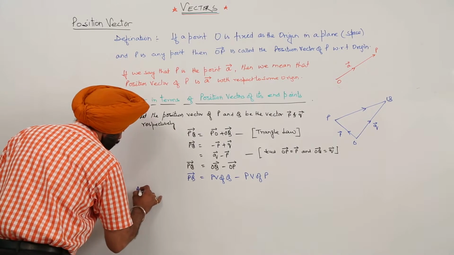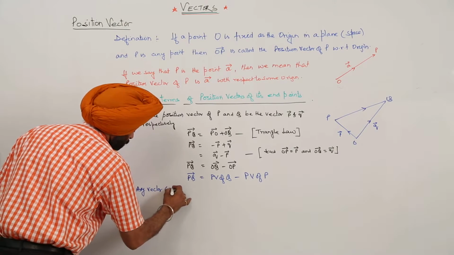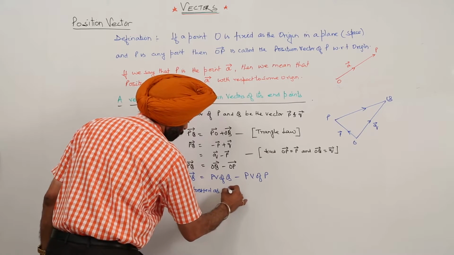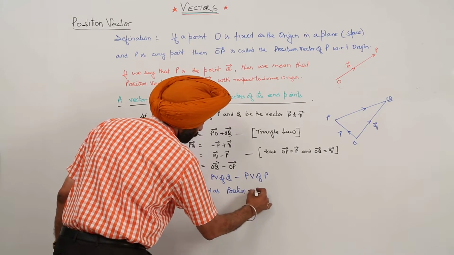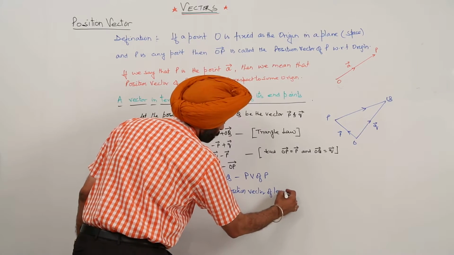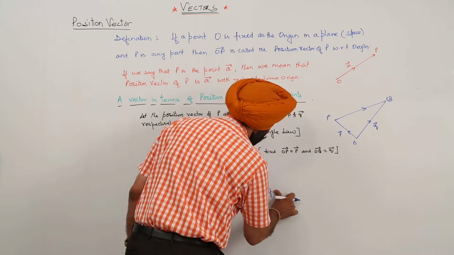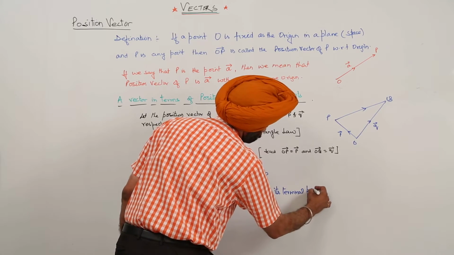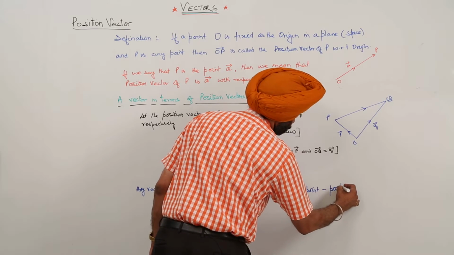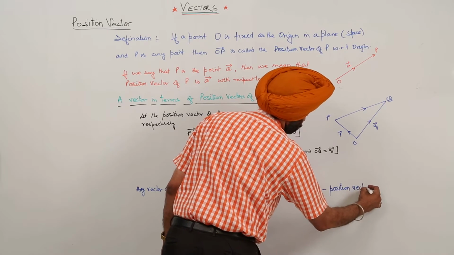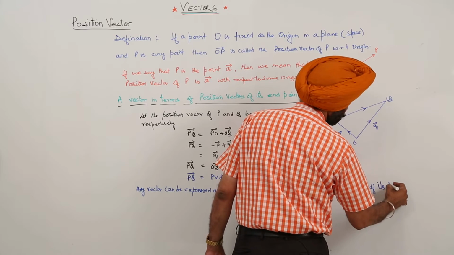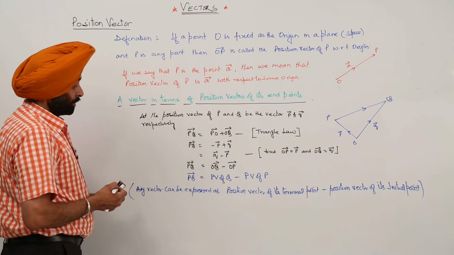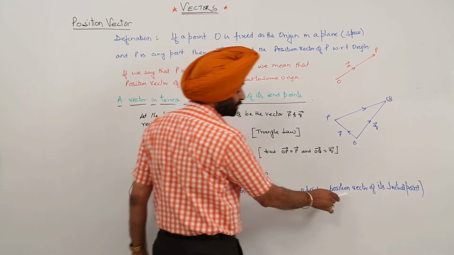Now any vector can be expressed as the position vector of its terminal point minus the position vector of its initial point.